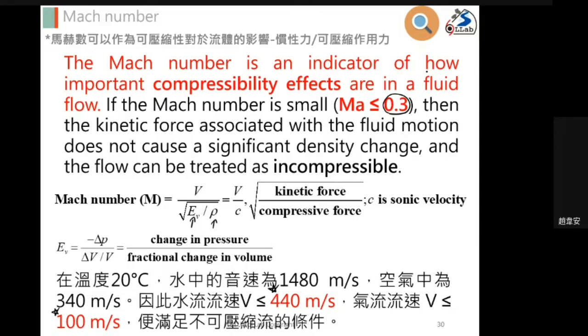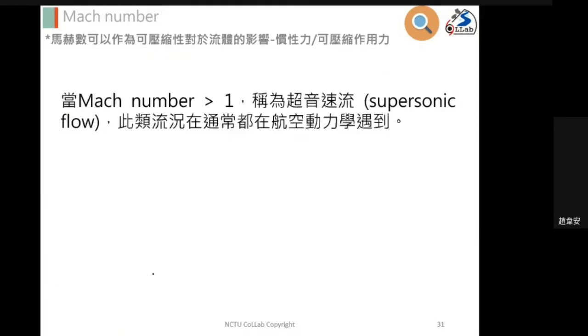So please remember and keep in mind two numbers. Here the flow velocity is 440 meters per second and the air speed is 100 meters per second. Usually the Mach number is larger than 1. We call that condition a supersonic flow, but it is not a normal situation for our civil engineering problems.